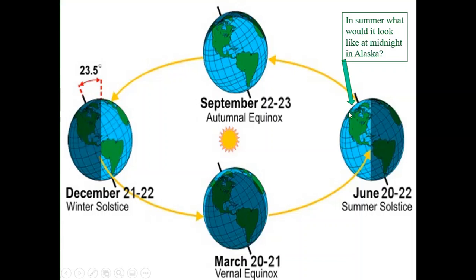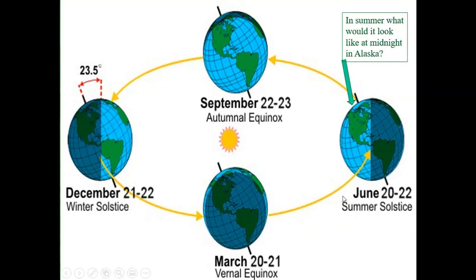There's 1 day, 2 days, 3 days. I'm vacationing up there. Am I going to see the sun go down when I'm up there? No, I'm not. Not if I'm up there at that time of the year.